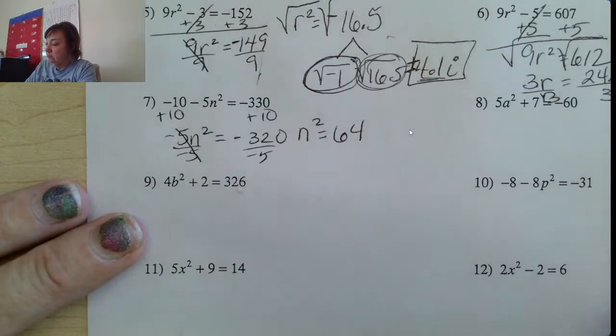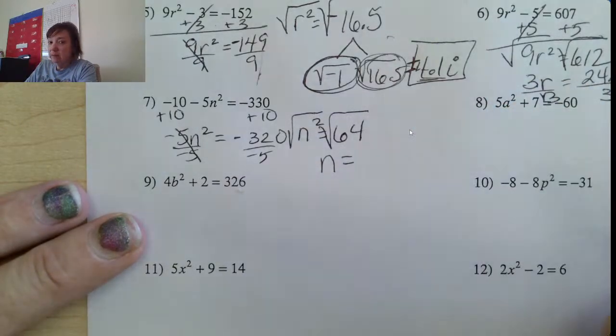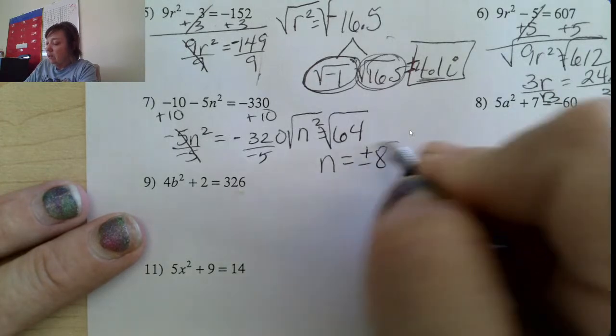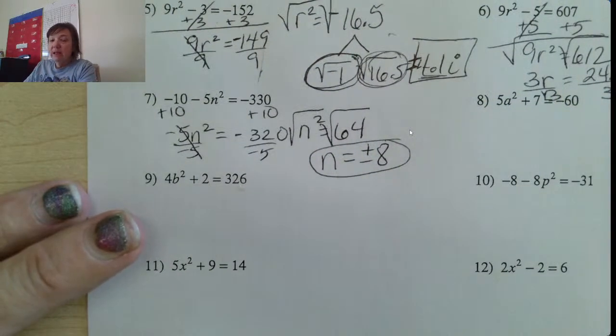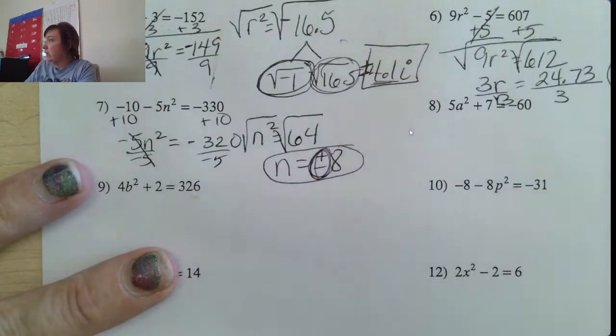Then what? Square root of both sides. So n equals plus or minus 8, and that's your answer.